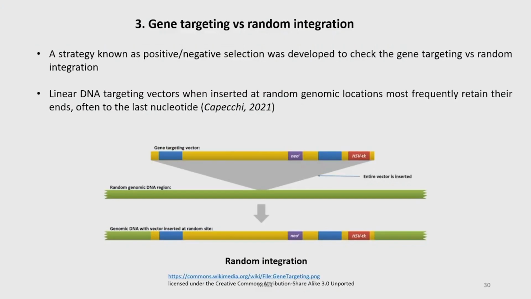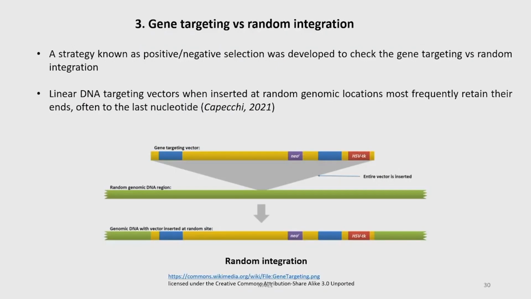Let us now discuss gene targeting versus random integration. A strategy known as positive negative selection was developed to check gene targeting versus random integration. Linear DNA targeting vectors, when inserted at random genomic locations, most frequently retain their ends, often to the last nucleotide.